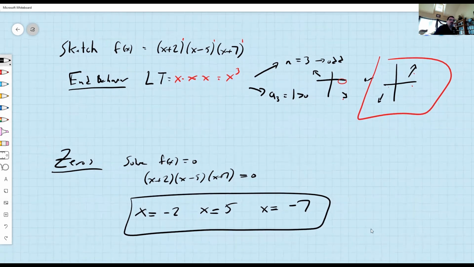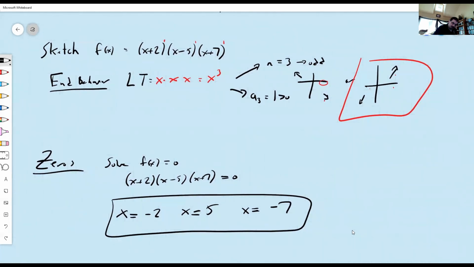Now we need to sketch. I think I probably can get it right here. Just go ahead and mark the scale here.